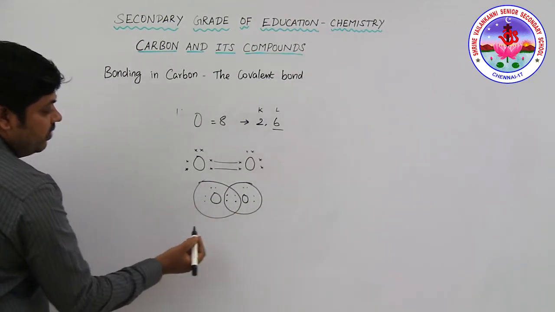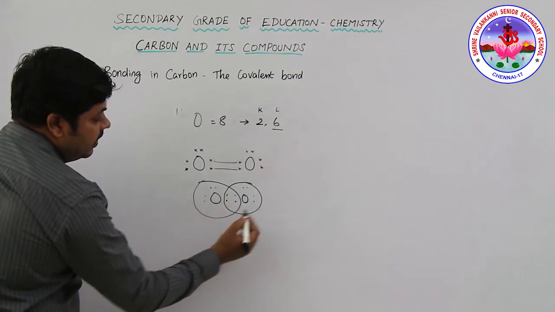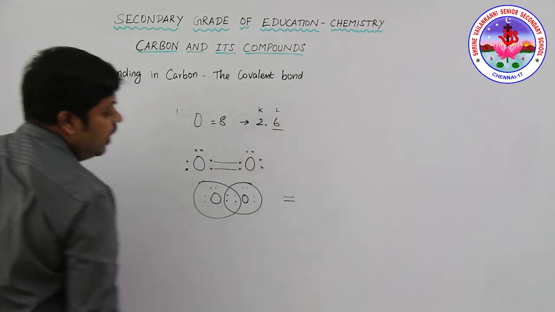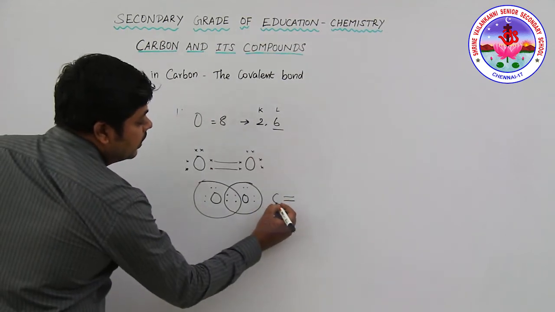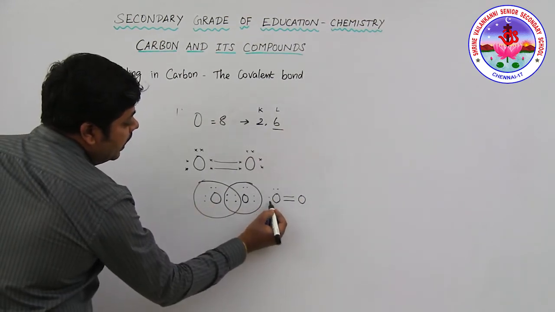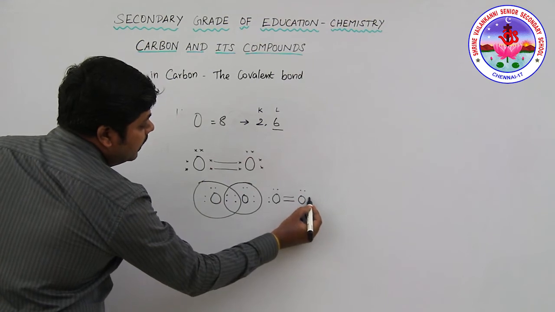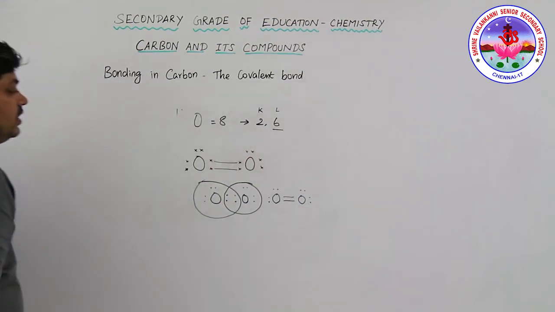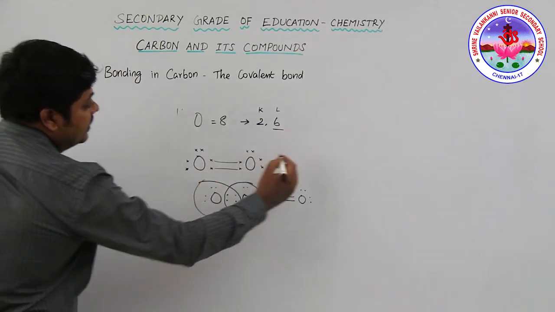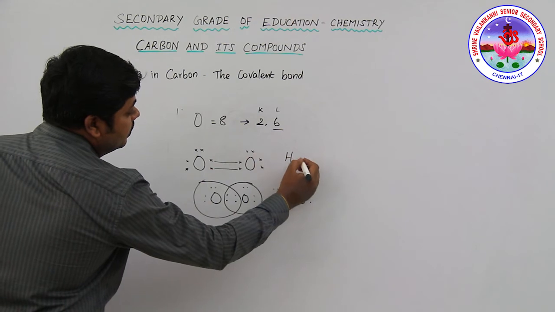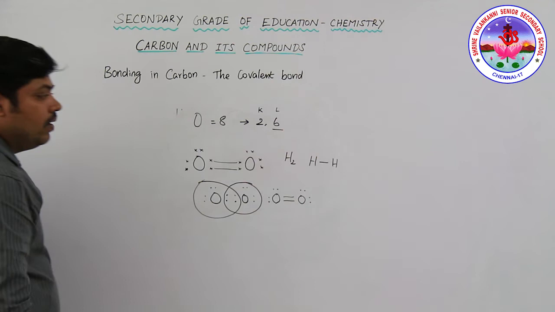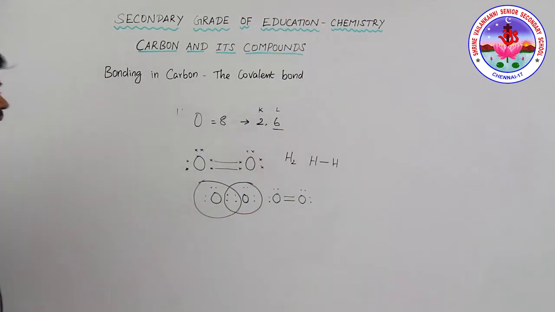Totally 4 electrons are shared: 2 electrons make a single bond, and the other 2 electrons make another line. The remaining electrons are called unshared electron pairs or lone pairs of electrons. That means they are electron-rich compounds. So oxygen has a double bond. In hydrogen, the H2 molecule, we saw that it has a single bond, and oxygen has a double bond.